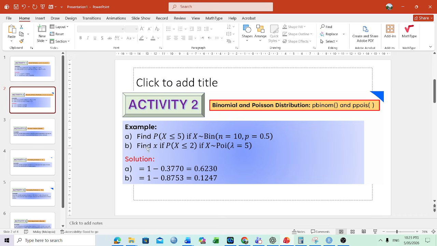For example, to find the probability, this one is a mistake, not the x. Okay, we are not finding the x, but the probability. Okay, so find the probability if X is less than or equal to 2, whereby the lambda is equal to 5, coming from Poisson distribution. Okay, x equal to 2 and the lambda is equal to 5.